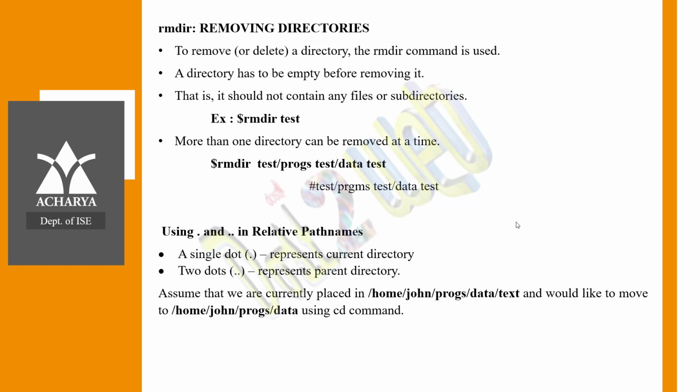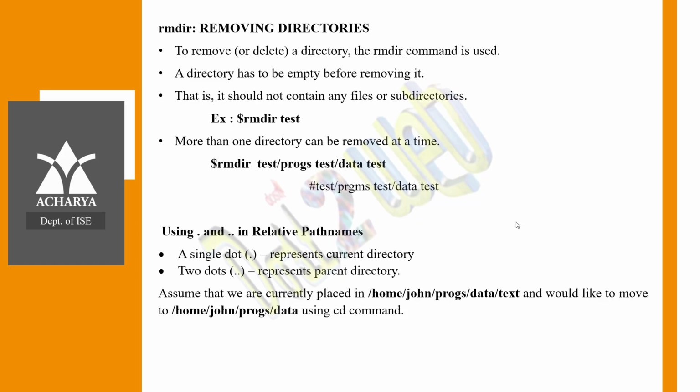We have two different things, single dot and double dot. Hope you remember that when we used to see the hidden files in any directory, it gives you the result with dot and dot dot. The single dot represents the current directory, and the two dots represent your parent directory.